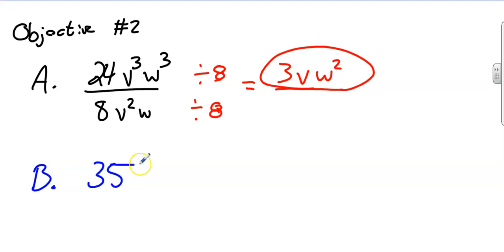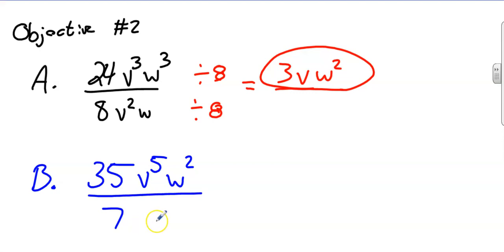All right, one more of those. We'll go with 35v to the 5th w squared over 7v to the third w to the third.